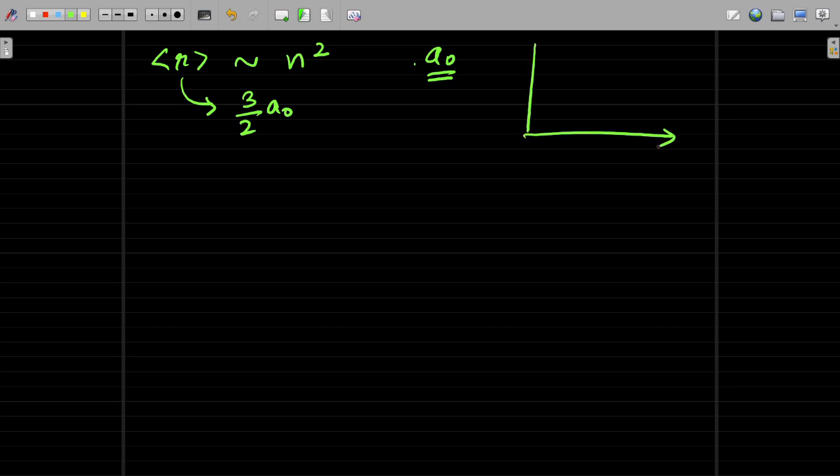So let's try to plot the probability as a function of r over a naught. We were able to see a function that looked like this, where the most probable is at a naught. On the other hand, the average comes up at 3 by 2 a naught. So this is an important thing to realize, where we are moving away from the definition of orbits, where orbits were a defined set of radii from the nucleus where the electron could be found.